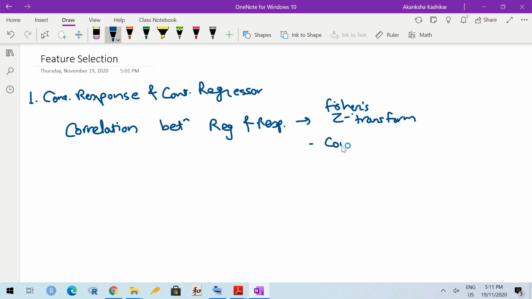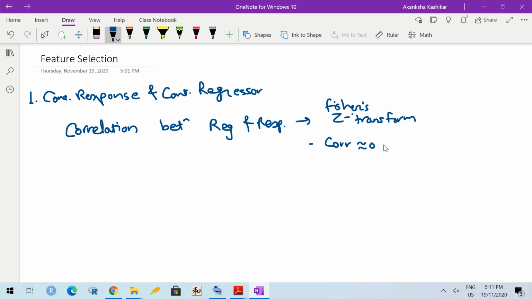So if correlation is 0, meaning if the H0 gets accepted, then you can safely remove that variable, because anyway it is not affecting the response. Of course, remember we are talking about linear relationship. If you suspect non-linear relationship, then you should not go for this simple linear correlation. Okay, this is one way.